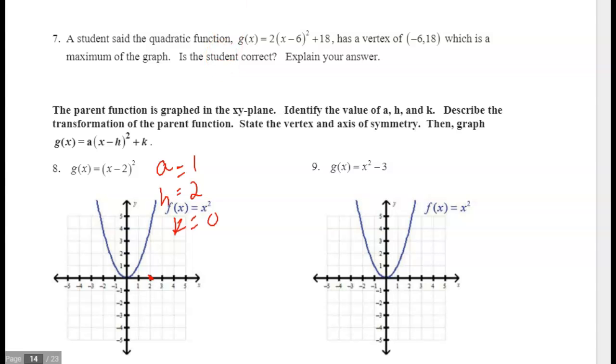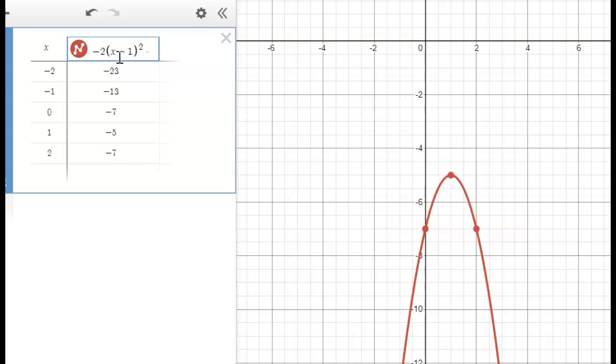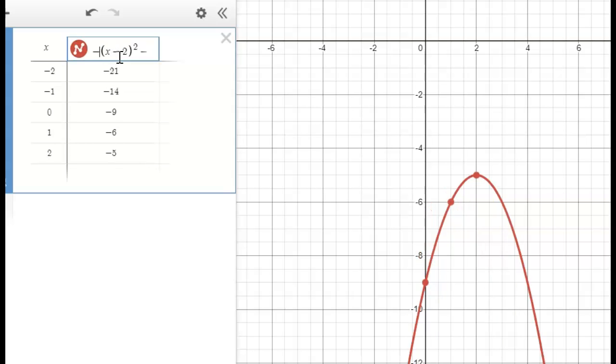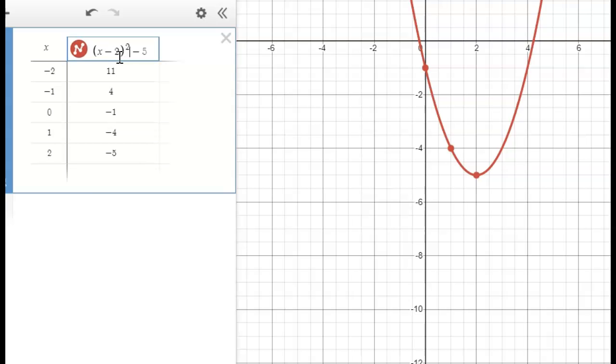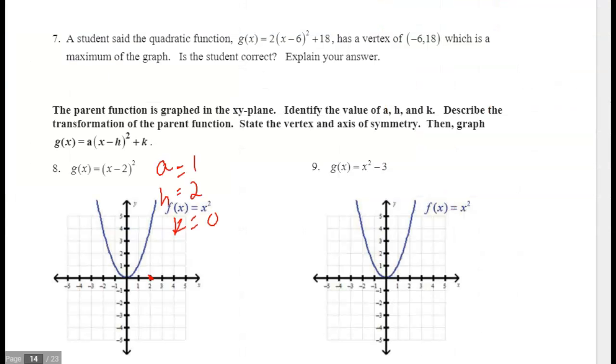And if you wanted to confirm that, you could do x minus 2, and you see how it already shifted over. But then I got to come in front here and delete some of the other things that were from the previous problem. And you can see there, it shifted 2 spots to the right. So my U is right here.